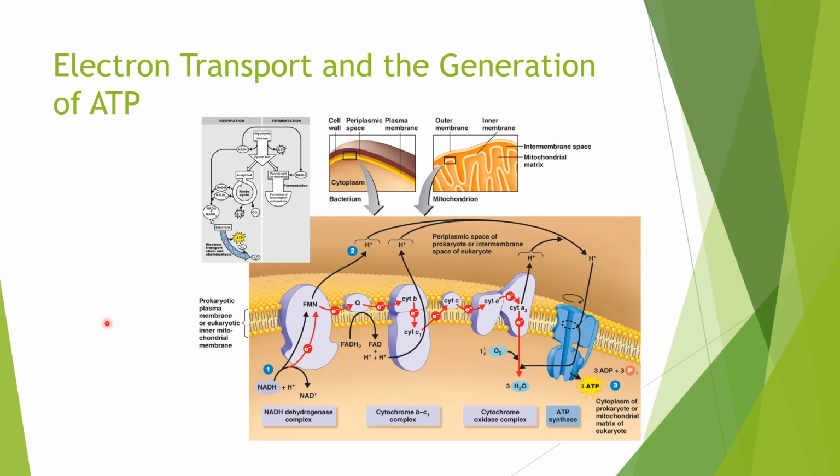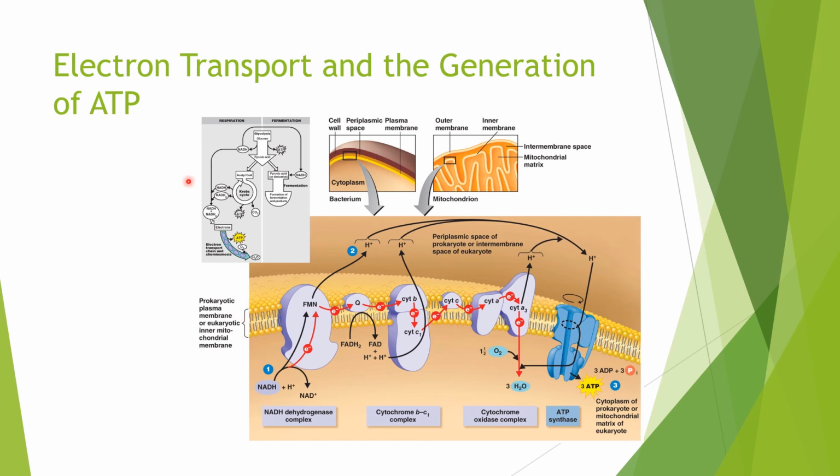If we want to reach 32, the electron transport chain is going to release about 28 ATP molecules. So you can see that the electron transport chain is really very, very important, as it's going to produce the highest amount of ATP.